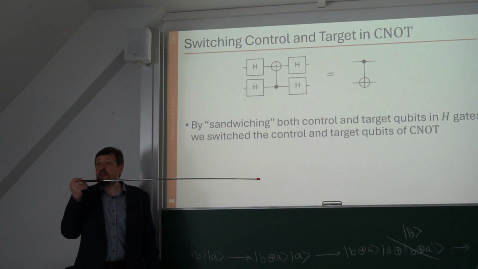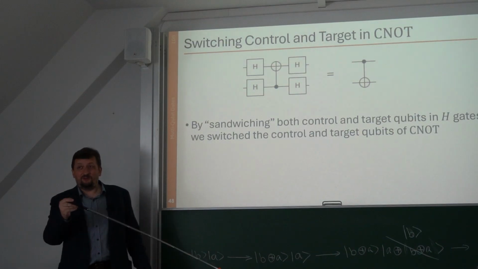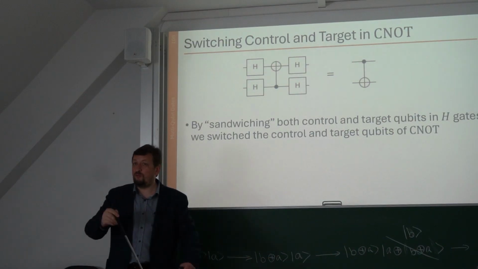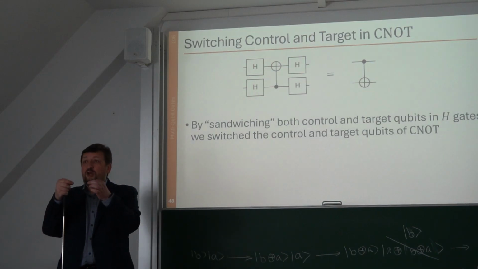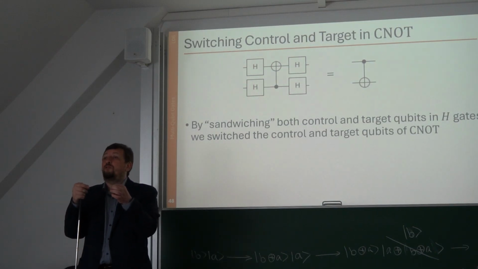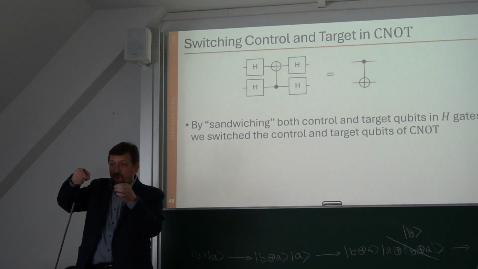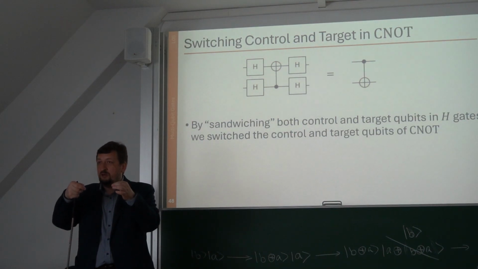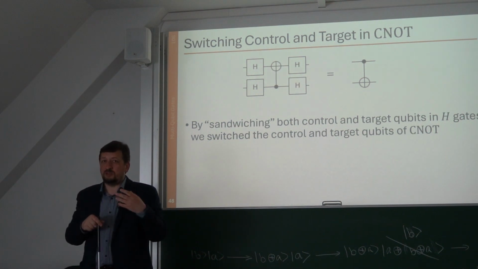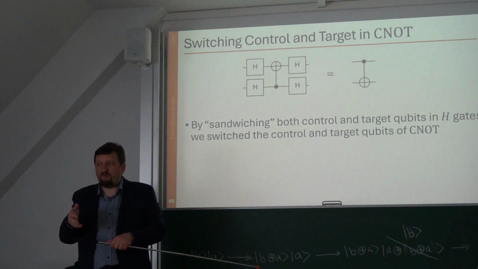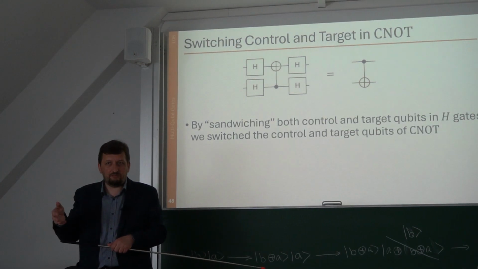And this fact was actually used in the first version of IBM computers. When there were 2 qubits which are connected, there was a one-way connection. You can apply C0 gate only when this qubit is controlling this target, because this direction is defined by how you build microwave resonators about this qubit.